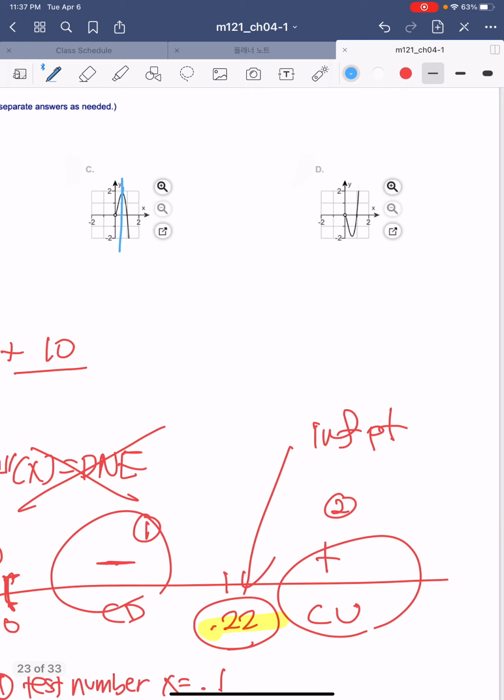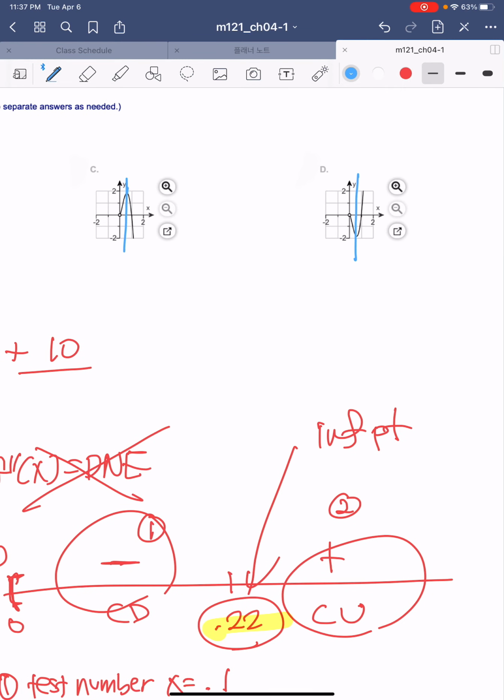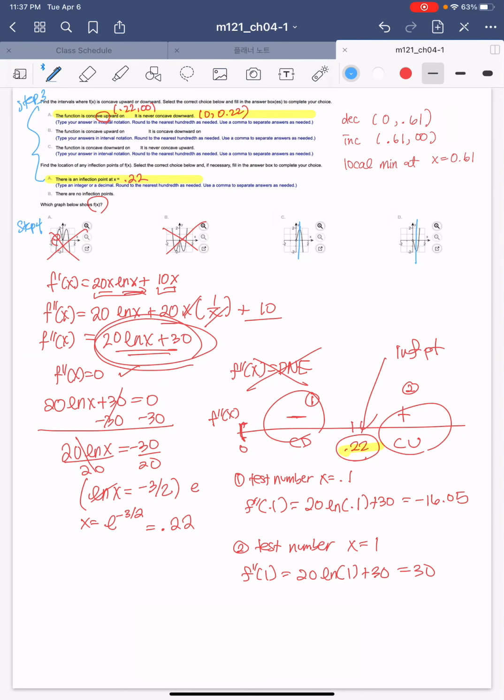That looks good. And then 0.61 right over here. Good. Now, we first have a decreasing function, and also around 0.22 we have a concave shift. So first region I have decreasing and then concave up.